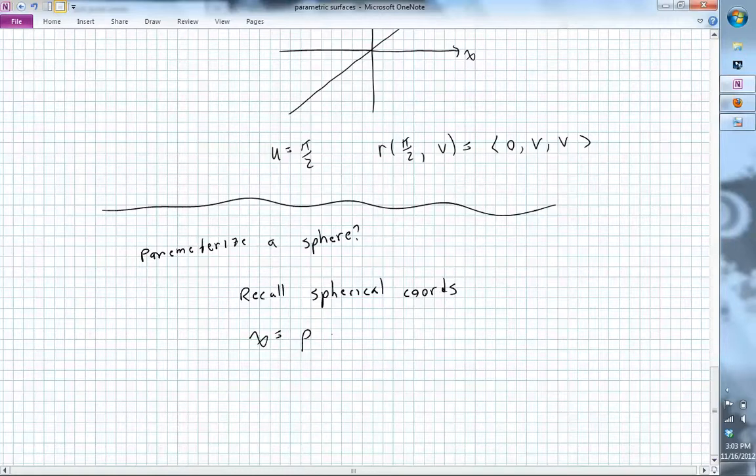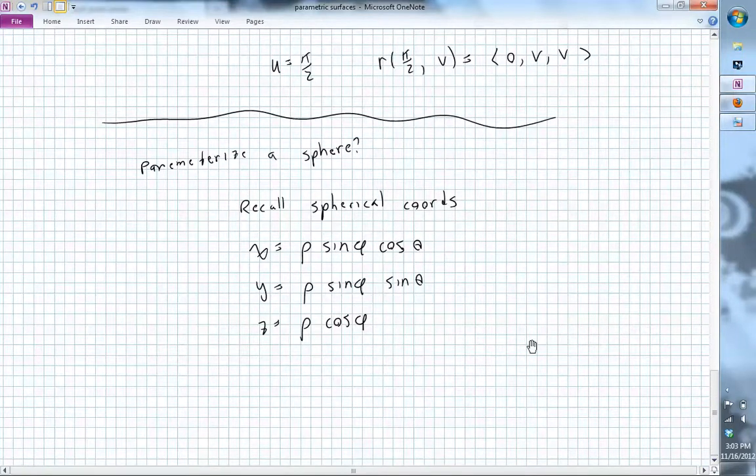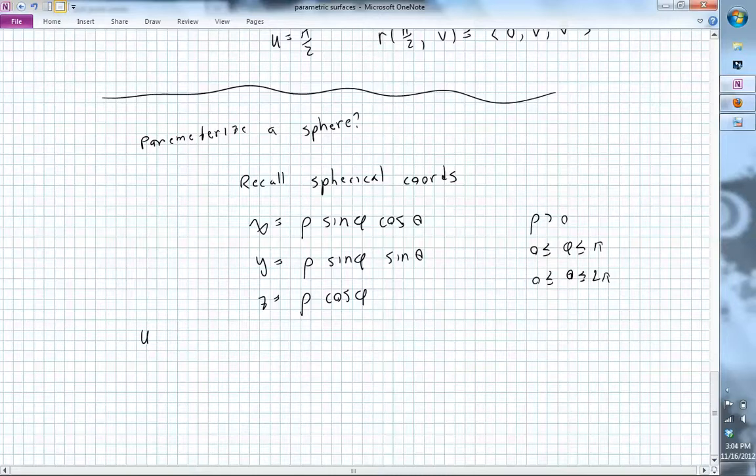Something like this: x is rho sine phi cosine theta, y was rho sine phi sine theta, and z was rho cosine phi. And you may remember that rho was positive, 0 was less than or equal to phi, less than or equal to pi, and 0 less than or equal to theta, less than or equal to 2 pi. So this was the spherical coordinate system. We can actually use this.